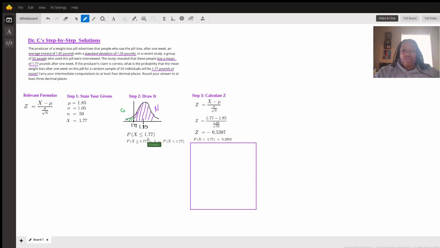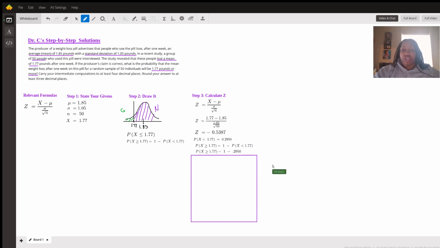Just like in the planning phase of drawing it out, we take 1 minus the probability of x being less than 1.77, which was 0.2950. When we calculate that, it gives us roughly 0.705.